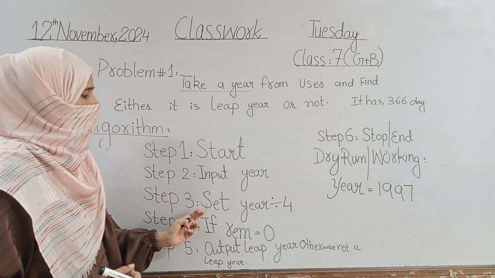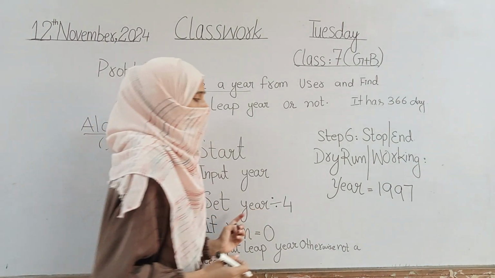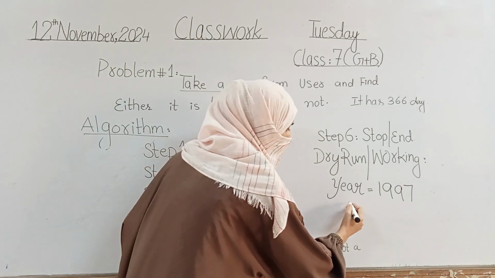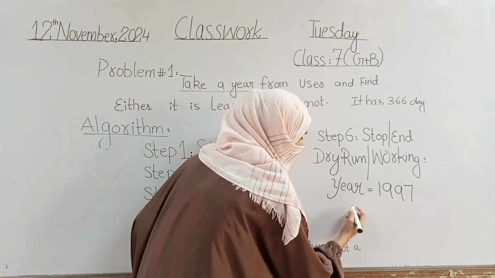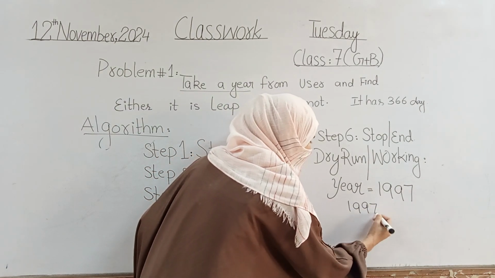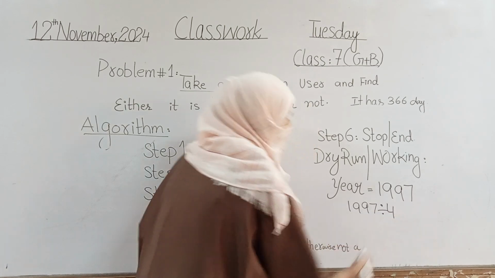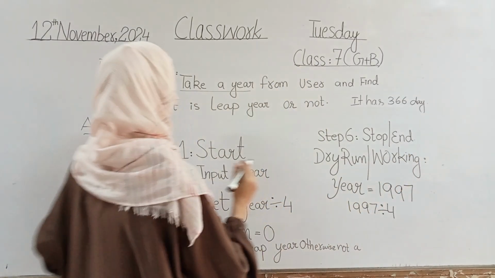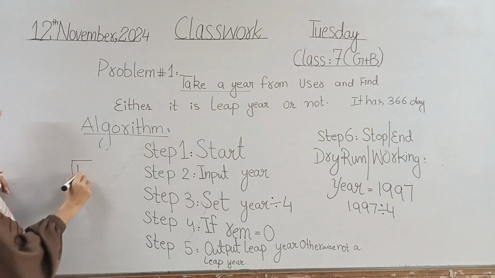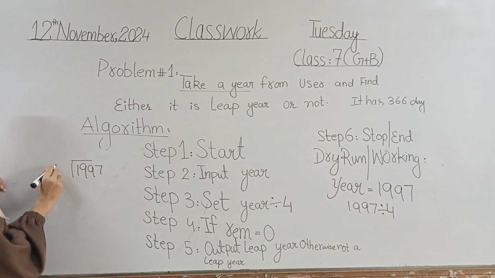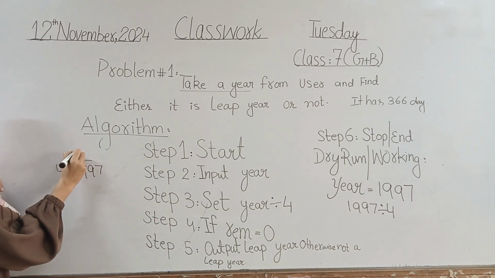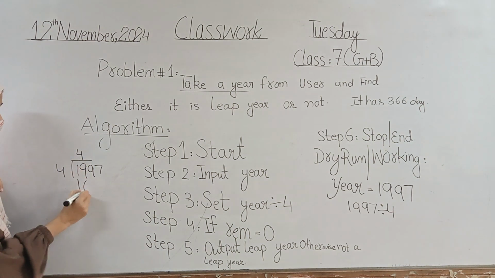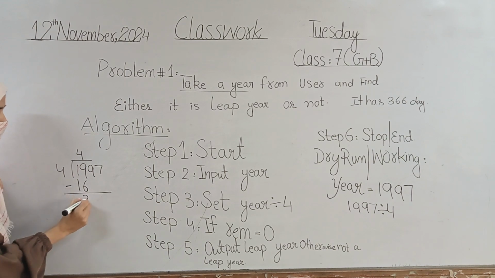Step number 3, set year divided by 4. So year is 1997 divided by 4. Now start working. 1997 divided by 4: 4 times 4 is 16, remainder is 3.